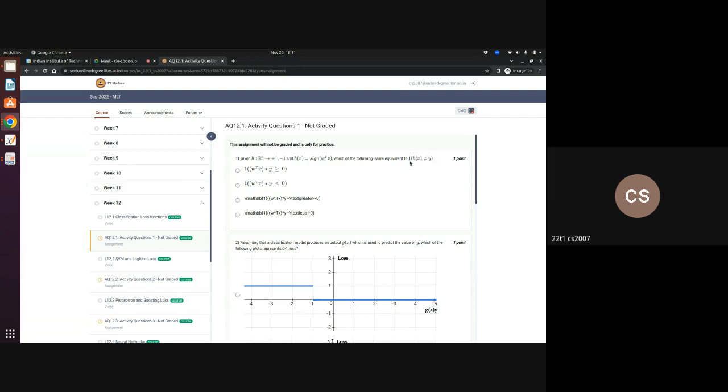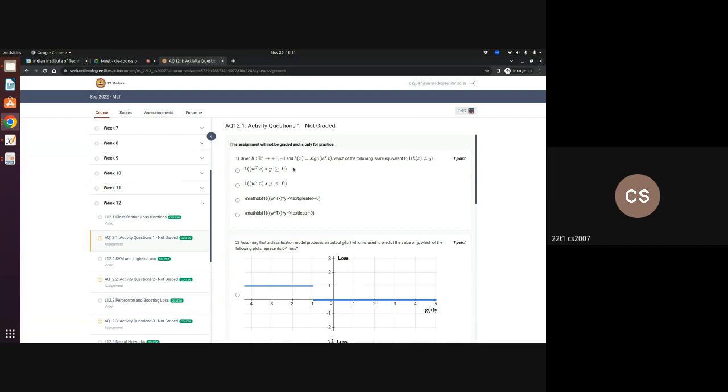This is an indicator function which gives you 1 when this is true, which means when the output of the model for the given data point X is not equal to Y, the actual target, then this will return 1. So this is a 0-1 loss in particular.